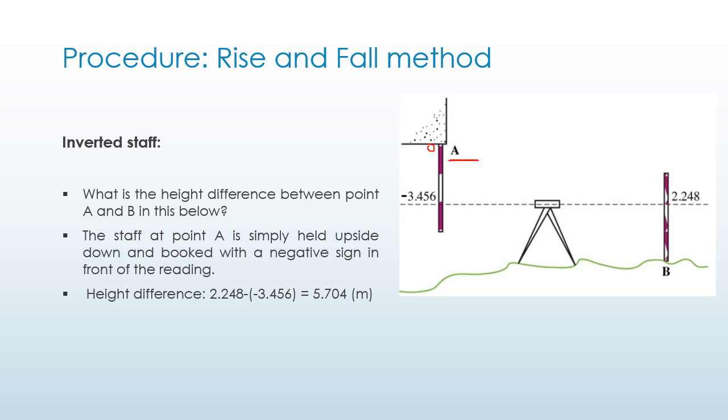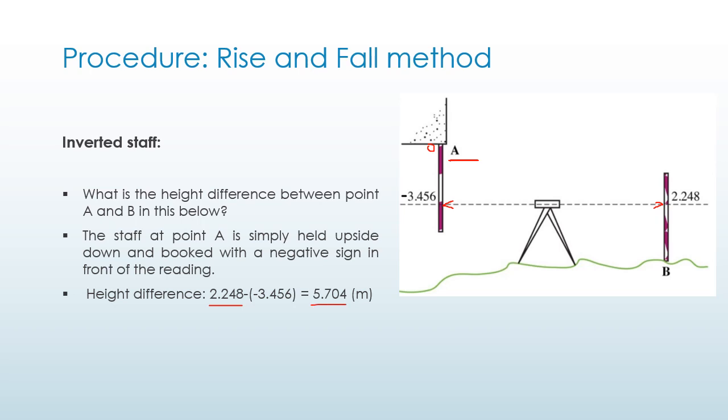So, for example, if you set up the instrument and you take the first reading towards point B and you get 2.248, then you go to point A, you take another reading and it's now minus 3.456. The height difference is the subtraction of these two readings. So 2.248 minus minus 3.456 gives you a height difference of 5.704 meter.